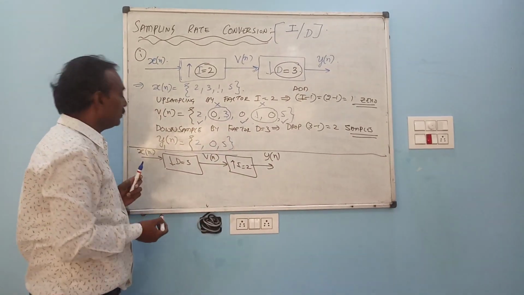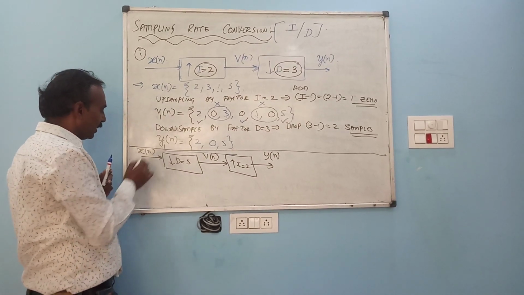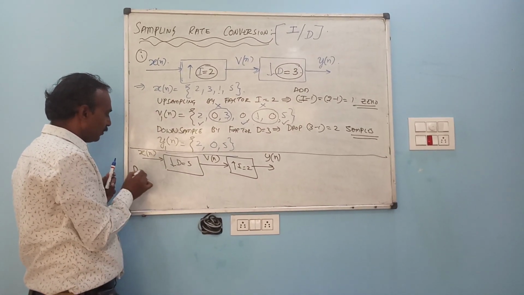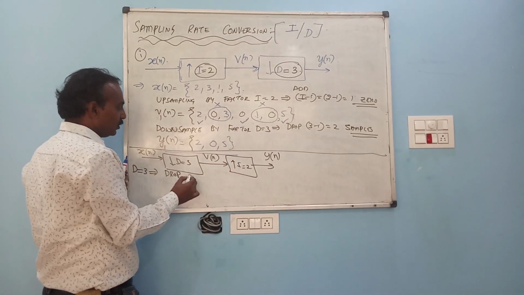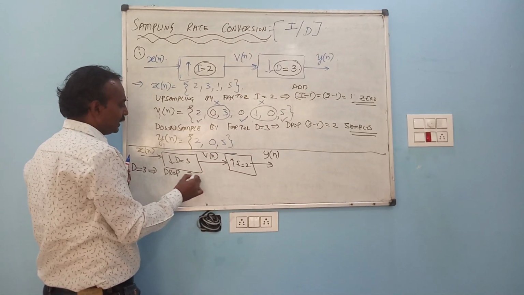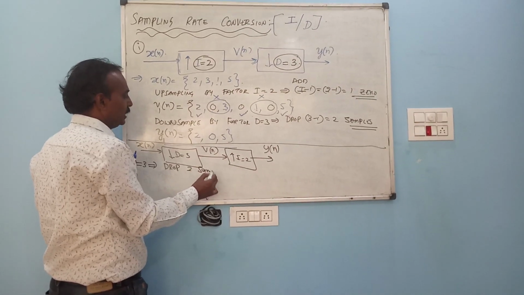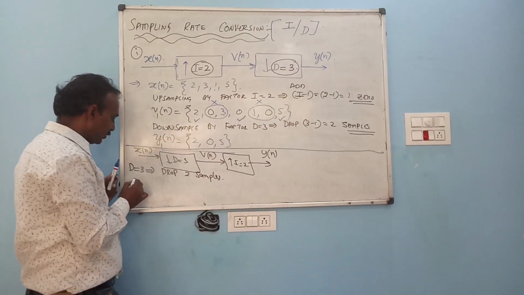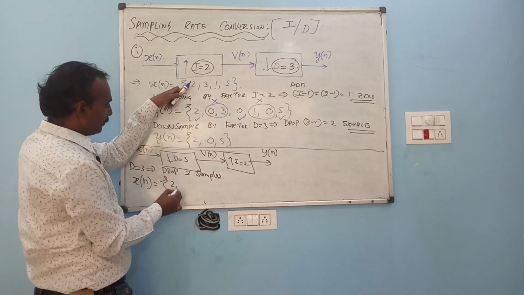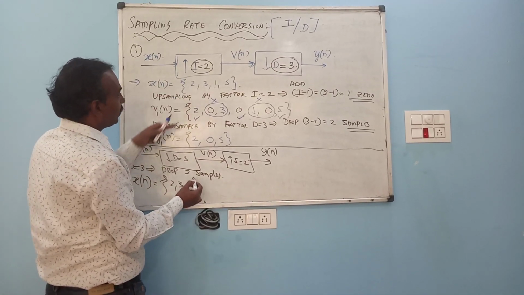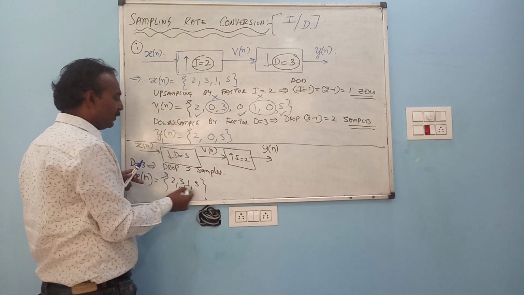Now, downsampling first with D equal to 3, we drop 3 minus 1, that is 2 samples. Given x of n is the same, 2, 3, 1, 5. So let me drop 2 samples.